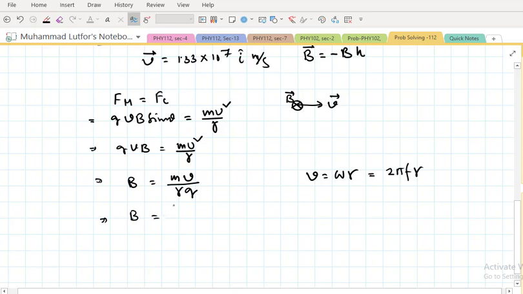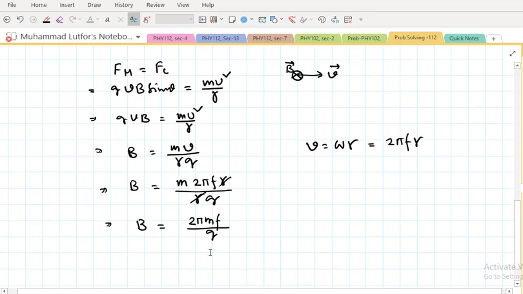What I will find out is m into, instead of v, I'm going to write 2 pi f into r divided by r into q. This r will cancel out from there. Then I'll find out this B is going to be twice pi m into f divided by q.